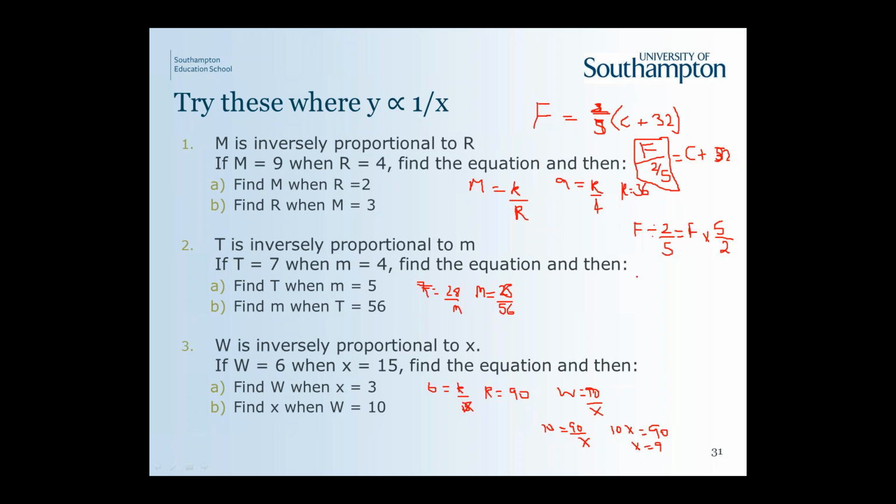So that's the same as saying I've got 5f over 2 or 5 over 2f. Let's see this 32, and then I'm adding 32 here, so I'm going to need to take away 32.